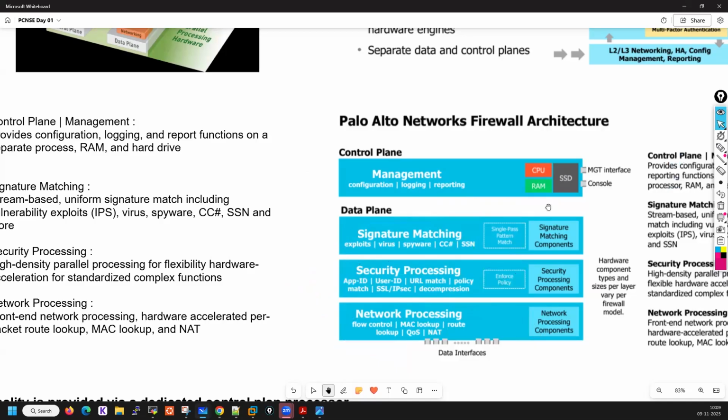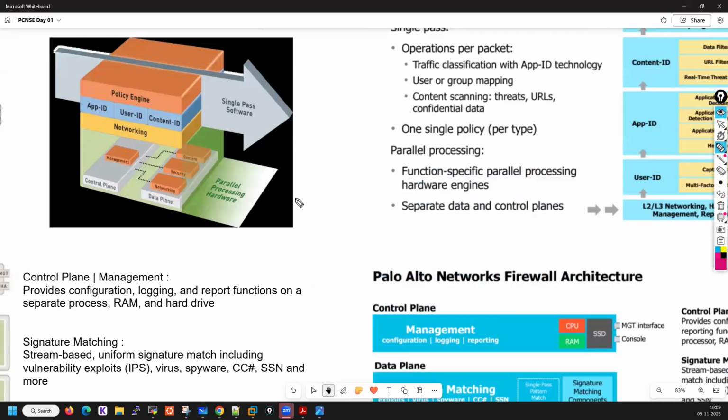Now guys, those processors are independent of each other. They have dedicated resources, which include RAM and CPU. They have dedicated resources to perform the task. They don't have any type of resource level dependency on each other, which means network processor can handle the traffic, security processor is also handling the traffic, and content engine is also handling the traffic.